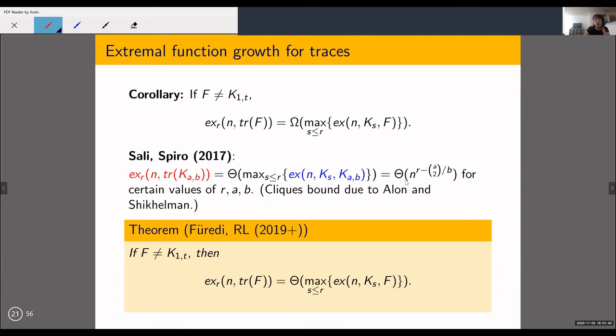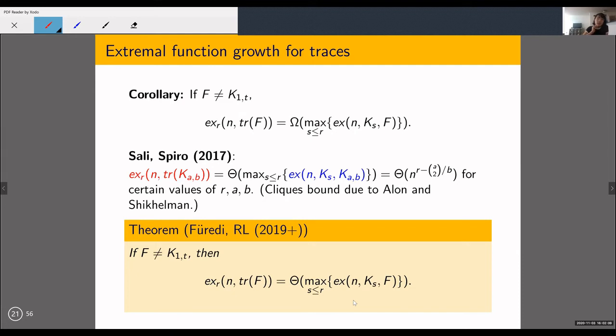Then this explicit bound was due to Alon and Shikhelman. So in 2019, Zoltán Füredi and I generalized their proof, and we showed that not only do we get a matching upper bound for K_{a,b}, but we can do it for any graph F, not just the star, and we get this bound here.